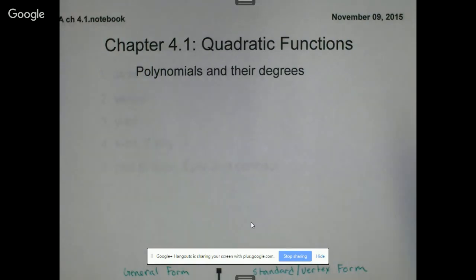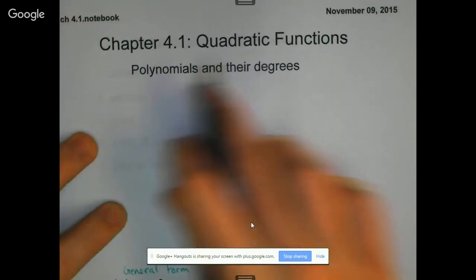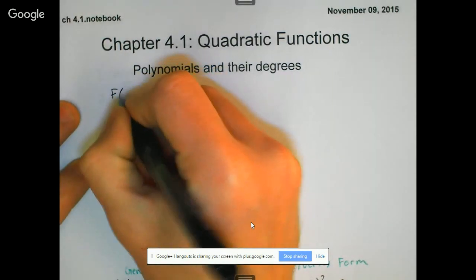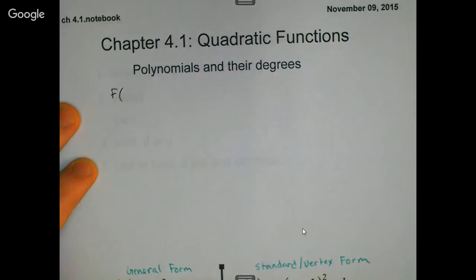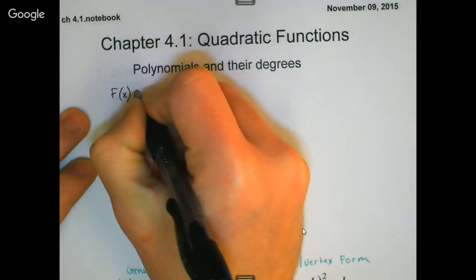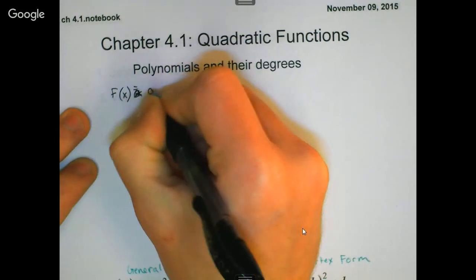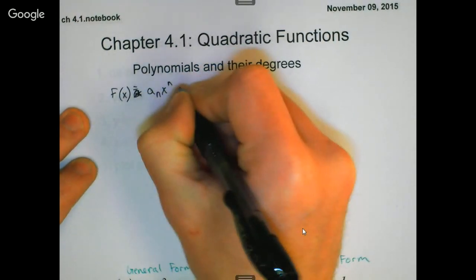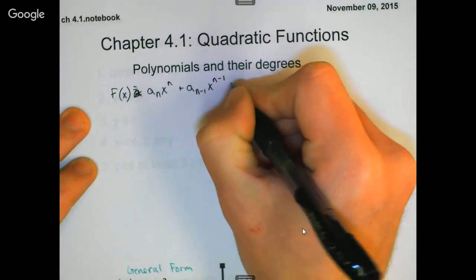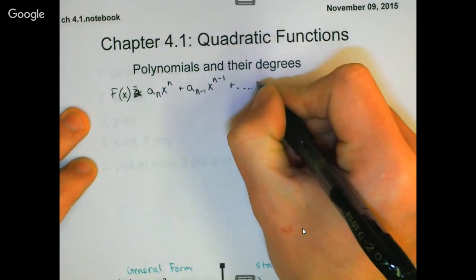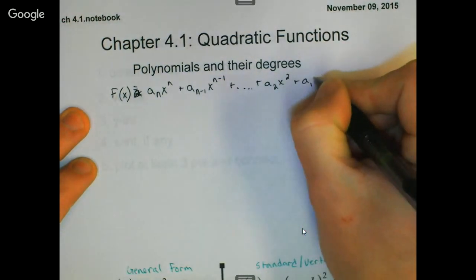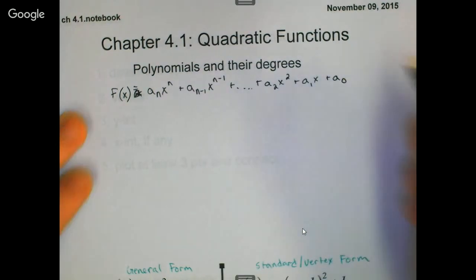So let's just talk basically about what a polynomial is. Some polynomial, f of x, can be written like this: equals a_n x^n plus a_(n-1) x^(n-1), and I can keep going all the way to a_2 x squared plus a_1 x plus a_0.